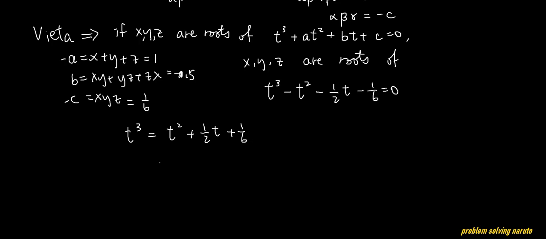Because now to get t^4, we just multiply both sides by t. But x, y, z are the roots of these. That means you can put t equals x, t equals y, t equals z, and it will be true. So if you put t equals x, you have this.